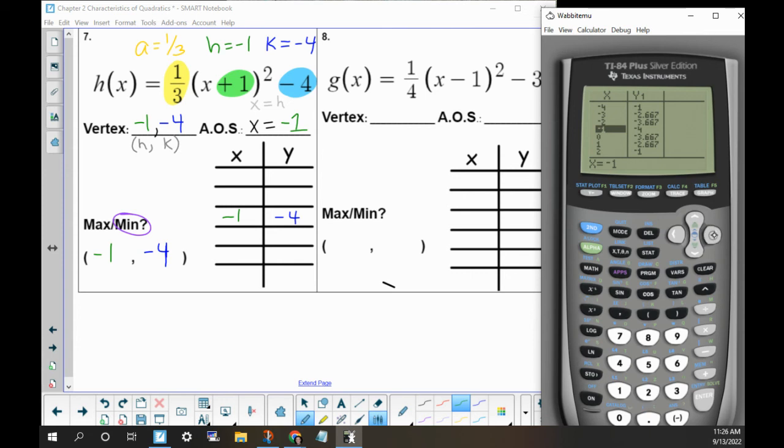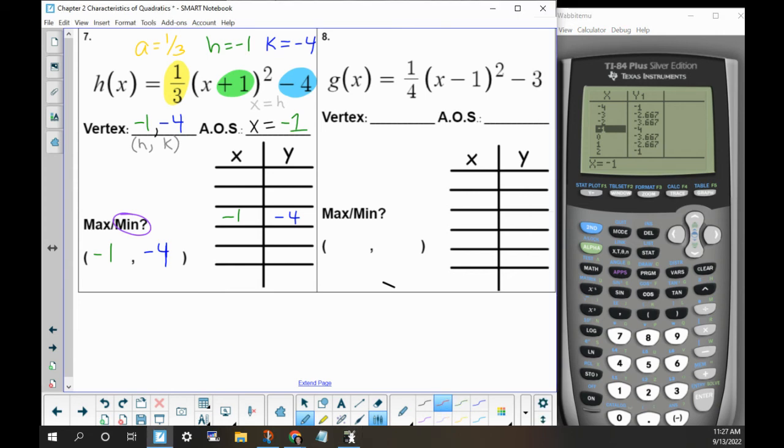So I'm going to look at my y's, and I actually have pairs up there that I can use that aren't decimals. What are those other pairs? What numbers do I see that aren't decimals in the y column? -4, and then down here, it would be 2 and -1.